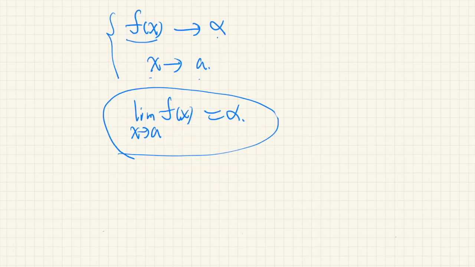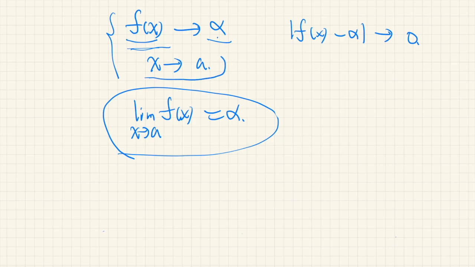Okay, let's start. To begin with, what do we exactly mean when we say the value of f of x approaches alpha? By this, we mean that the difference between f of x and alpha becomes 0, so it gets closer and closer to 0.